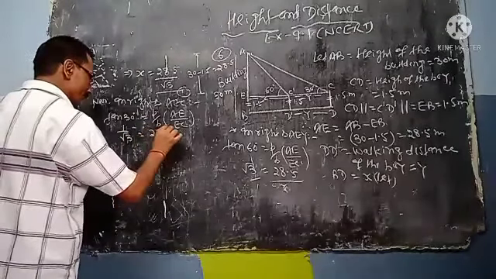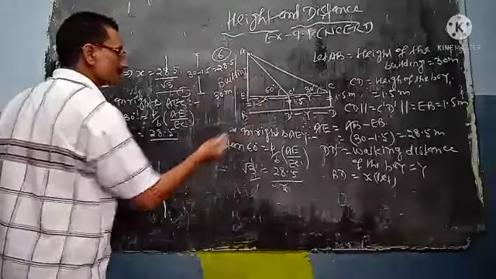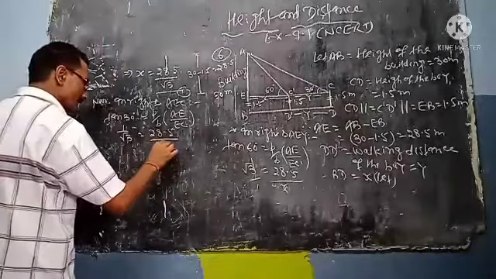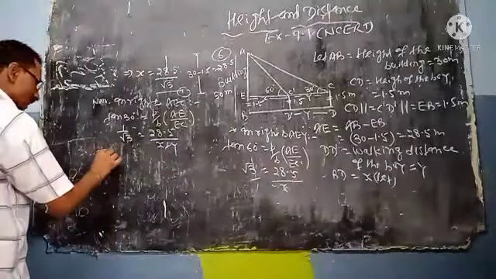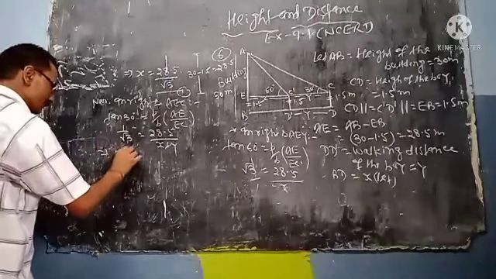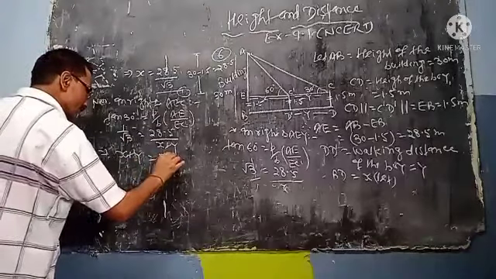28.5 and EC is x plus y. So after cross multiplication, x plus y equals 28.5.